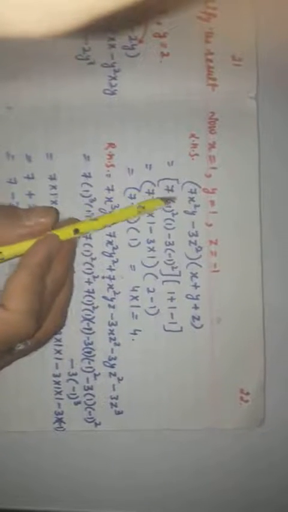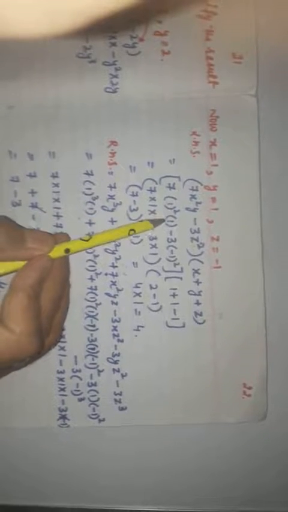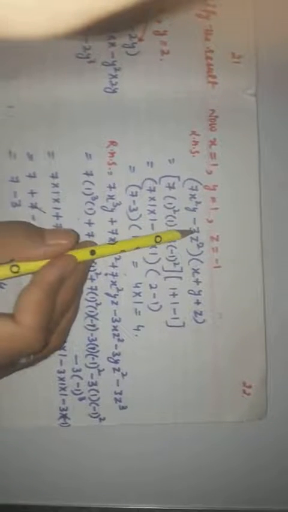Firstly the left hand side. The left hand side is 7x square y minus 3z square into x plus y plus z. When we place the values, x is 1, 1 raised to power 2 into y is 1, minus 3 as it is, z is minus 1 whole square, x is 1, y is also 1, but z is minus 1, so plus minus, minus.